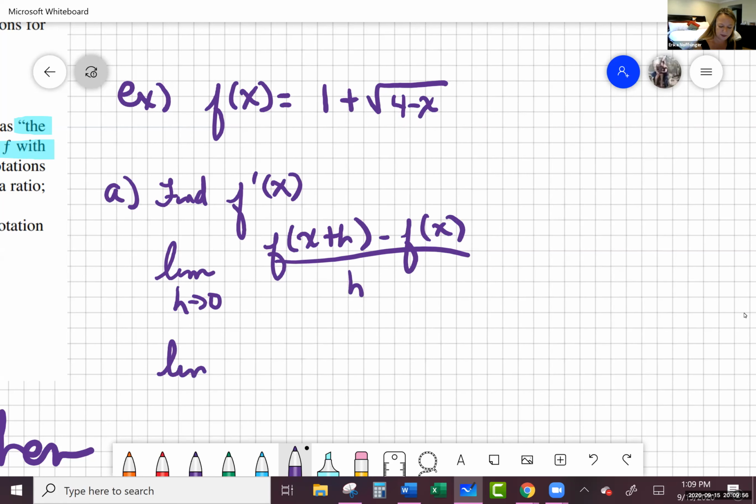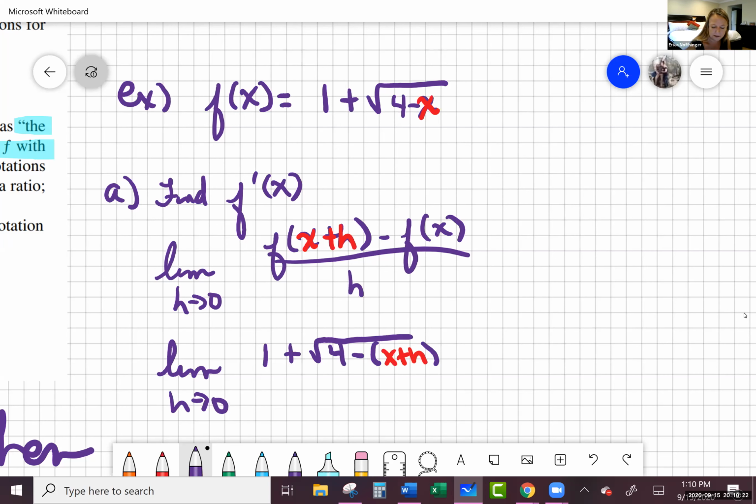So if we plug in our pieces, we're going to plug in x plus h wherever we see an x in this function. And so I have 1 plus the square root of 4 minus, I need parentheses around where I'm plugging in x, so x plus h in that parentheses.